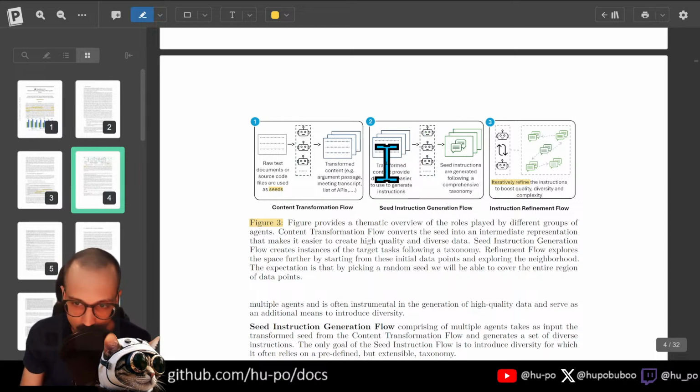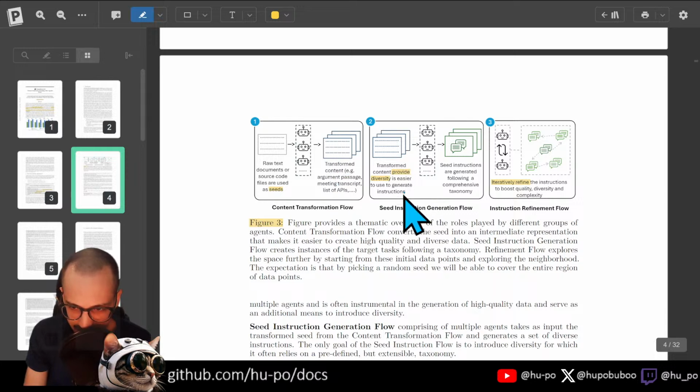Once you have this quote unquote persona, or here they call it transformed content, it provides diversity, right? So the same way that those personas are providing different perspectives, which ultimately provide more variance, here you're also doing the same thing. You're using this transformed content to provide diversity.